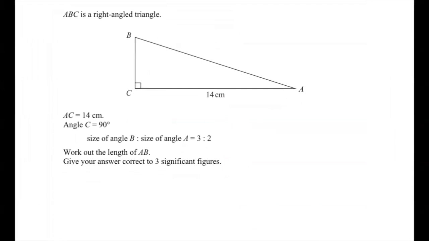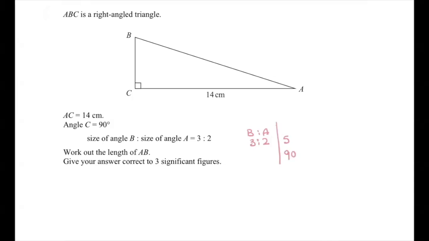So I need to use the ratio information to help me find the missing angles A and B. So they've told me that B to A is 3:2. Now that ratio together gives me 5. The total that I need those two angles to add to is 90. 180 in a triangle, take the right angle, gives me 90.